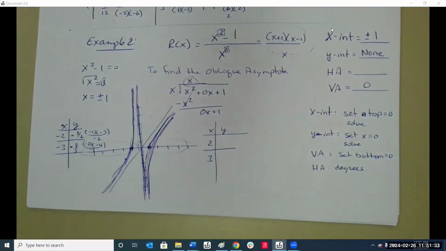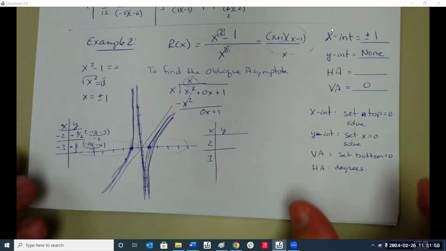Only one vertical asymptote. What do y'all think? It's the same repetitive steps. Find the horizontal asymptote, vertical asymptote, x-intercepts, y-intercept, and plot some points.